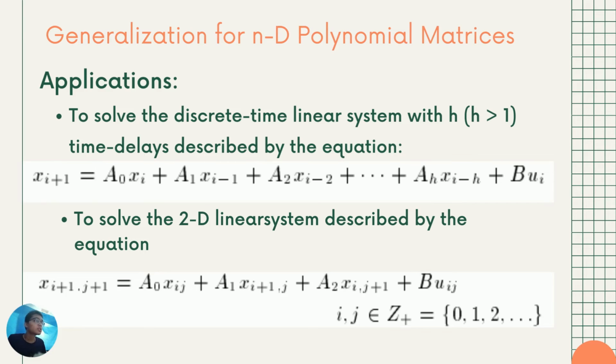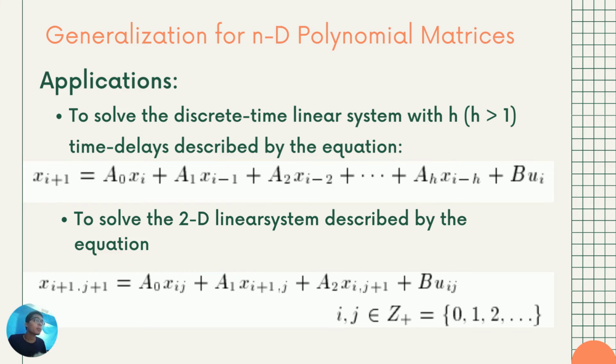So what are the applications of generalization for ND polynomial matrices? To solve the discrete time linear systems with h time delays, where h is greater than 1, described by the equation given below. As I have said, in the practical applications of the Cayley Hamilton theorem, the delay of signals is a huge application for matrices.